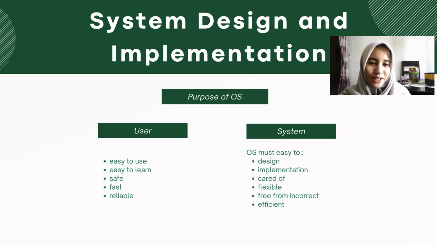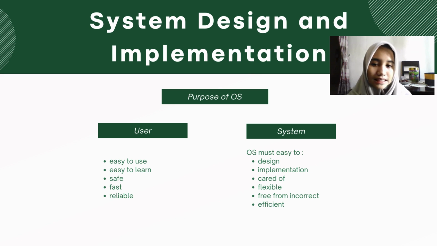Okay, the last topic, here we go: system design and implementation. In an operating system, the system design and implementation follow your purpose for the system or for the user, what the user needs.